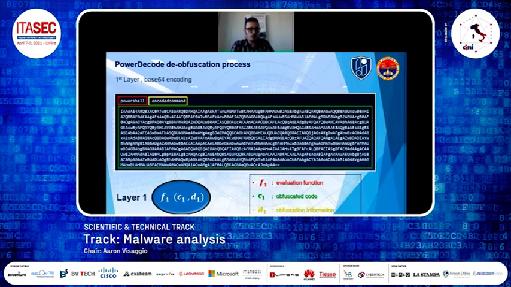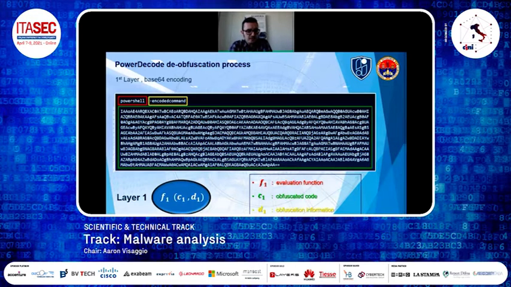An example of the obfuscation process of PowerDecode relying on the described model is shown here. We can see that in the starting layer, we have a base64 encoding. Now we have an evaluation function highlighted in red, which is the PowerShell call function.